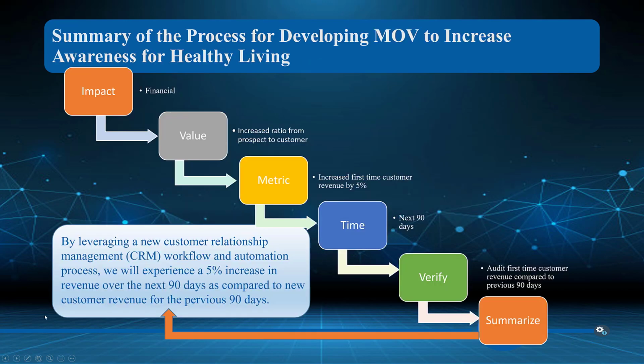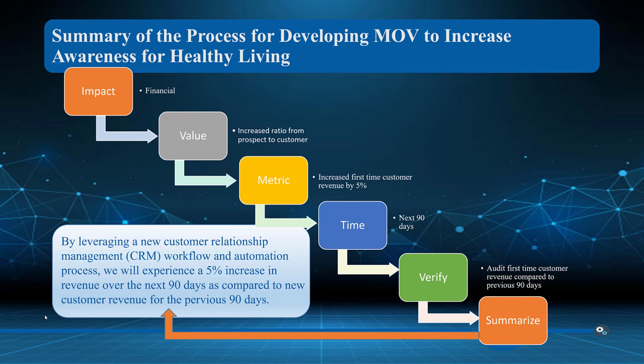So summarizing the process of developing the MOV. What is the impact? Again, my example is financial, the value increase ratio for prospect to customer. So what I'm talking about here is we're going to turn a prospect into a customer. Whatever project we're doing, that's going to be the end result. It's going to increase first-time customer revenue by 5%.